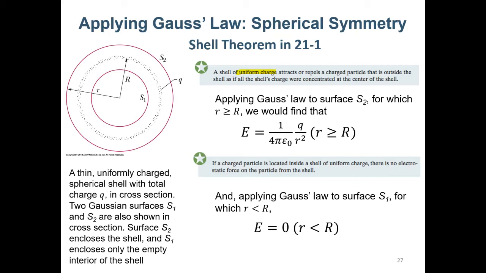So using the Gauss law, we have epsilon naught times the integral of E dot dA equals Q enclosed. So actually we only consider the total charge here. It will be the same as if we don't have this shell and all the charge is concentrated at the center.